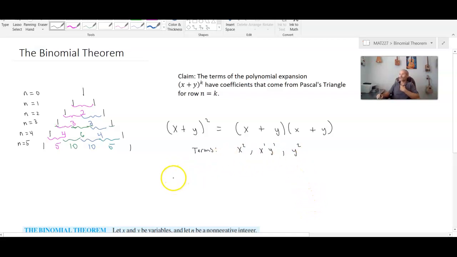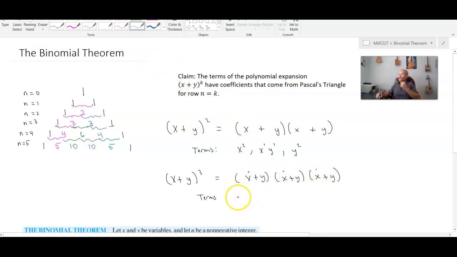Now, if we look at the expansion of x plus y cubed, which I'm going to write out as this factor three times, and we look at the terms involving strictly x's, because every term in this sum is going to multiply every term in the other sums, there's going to be a situation where I get x times x times x.